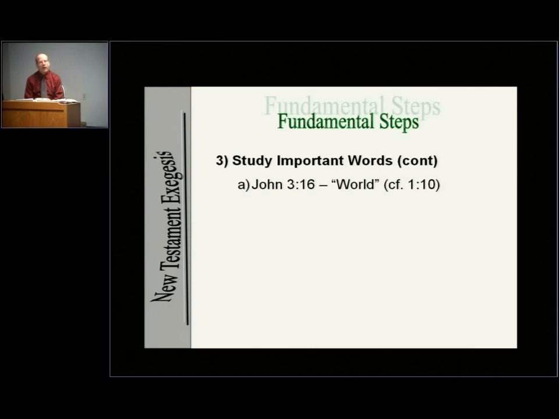Because when you're studying the word cosmos in the Gospel of John, you'll find that he does use it in those ways, but most of the time, cosmos in the Gospel of John means those people who have rejected God.